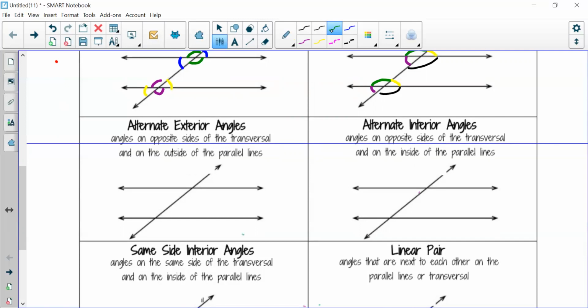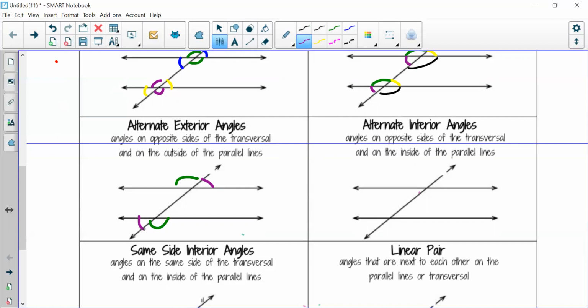Okay, y'all, you're only going to have 2 sets of alternate interior and alternate exterior angles. Okay, look. That's the exterior. So there's one set. Exterior, here's the other set. Okay? There's one set, there's one set. Okay? Or 2 pairs. Okay?